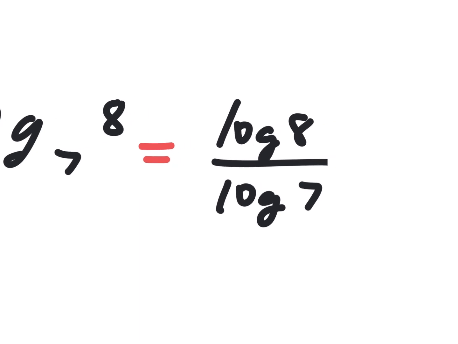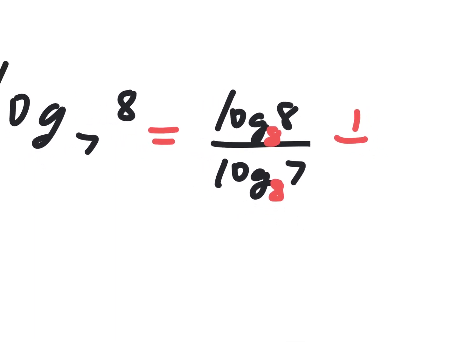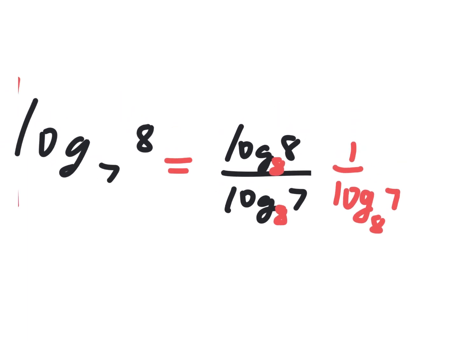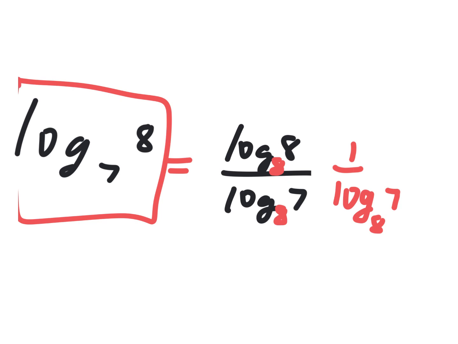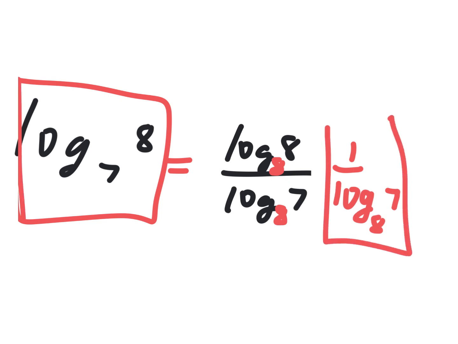And any base I want means I could make this base 8, and I think it'll be interesting. It'll be log base 8 of 8, which is 1, over log base 8 of 7. Did you know that that was a thing? Log base 7 of 8 is equal to 1 over log base 8 of 7.